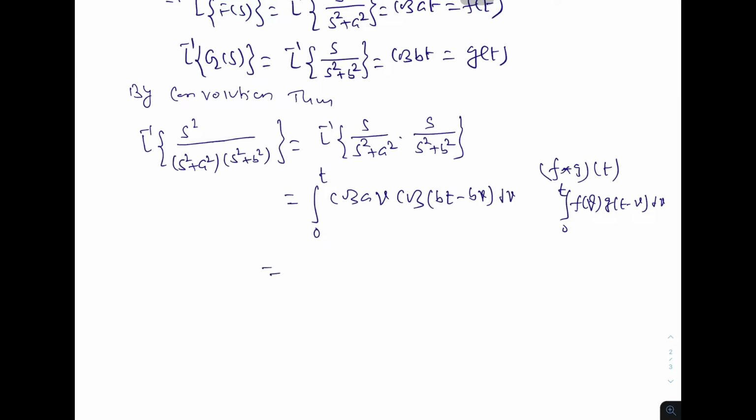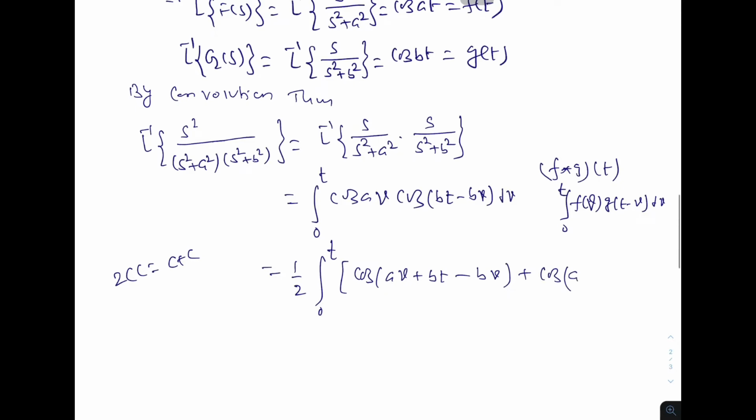So now we need to apply 2 cos A cos B, and that is cos(A plus B) plus cos(A minus B), so we multiply by 2 and divide by 2. So cosine (av plus bt minus bv) plus cosine (av minus bt plus bv) dv.